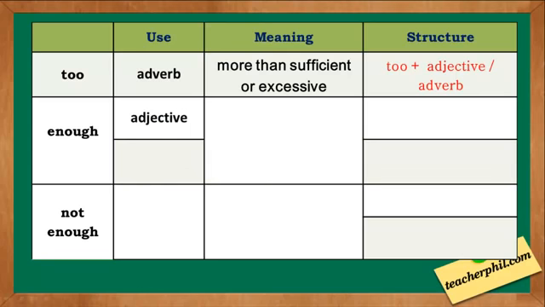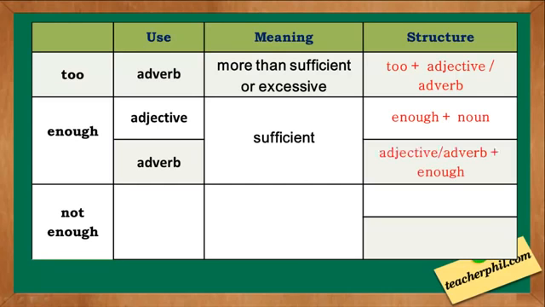Enough could be an adjective or an adverb. It means sufficient. If it is an adjective, we have the structure enough plus noun. If it is an adverb, we have the structure adjective or adverb plus enough.